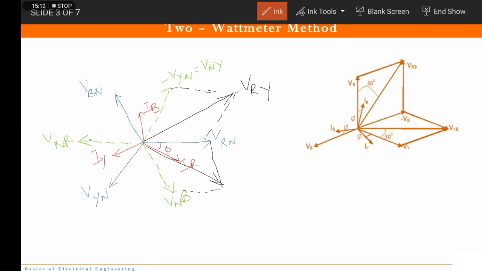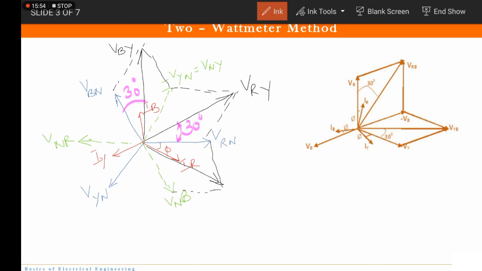Similarly, this is VBY. Okay. Now in three-phase circuits, we learnt that this phase shift is 30 degrees. Okay. Similarly, this phase shift is 30 degrees.